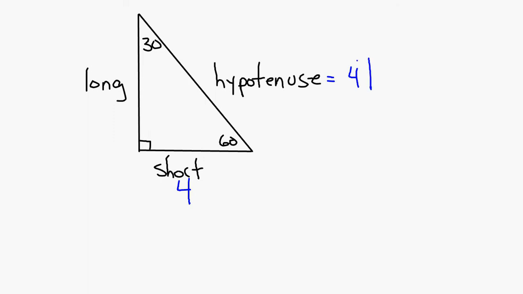Which is? 8. Good. If the short side's 4, the hypotenuse is 8. It's the 4 times 2. 4 times 2 equals 8. The long side is going to be 4 times the square root of 3.